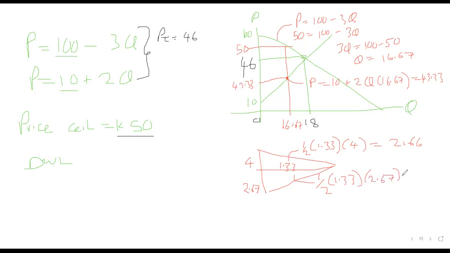When you multiply this, we're going to get 1.77. When we total them up here, we're going to get 4.44. So this is what we call our deadweight loss.